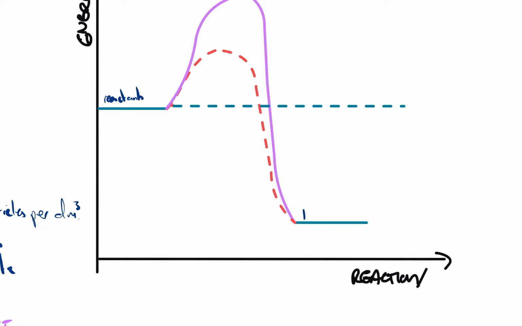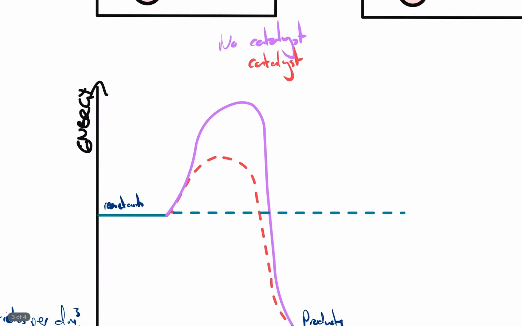At the end we've got our product. And we've got two different numbers for our activation energy, right? So here, the peak, the gap between these two, this is our activation energy with catalyst.